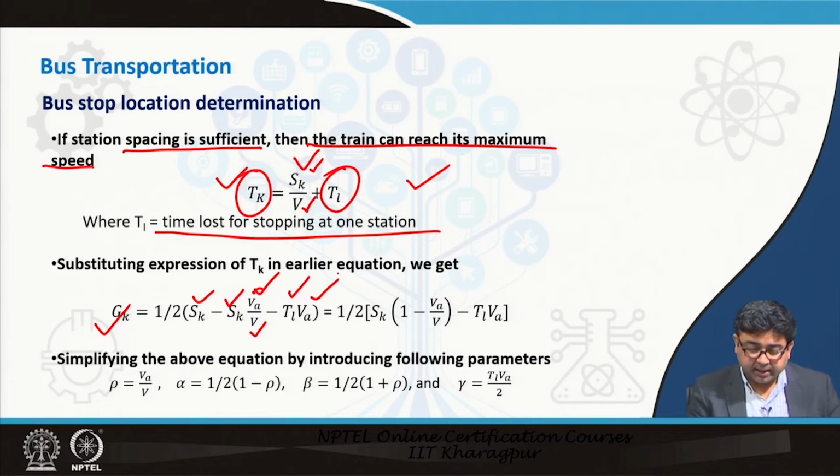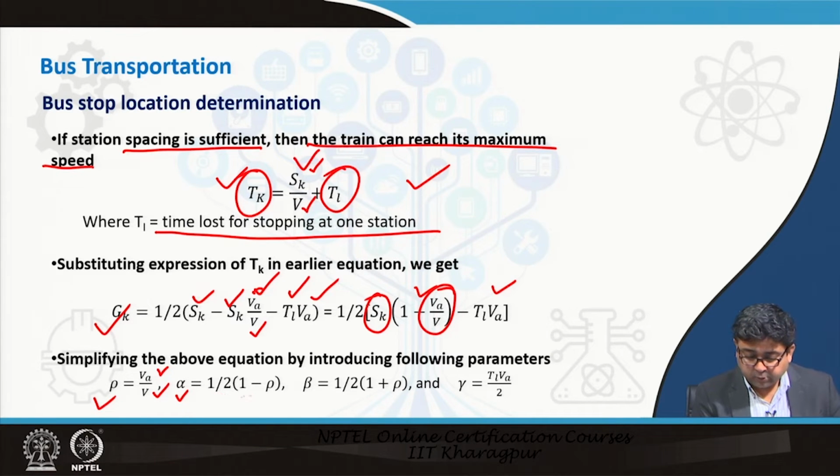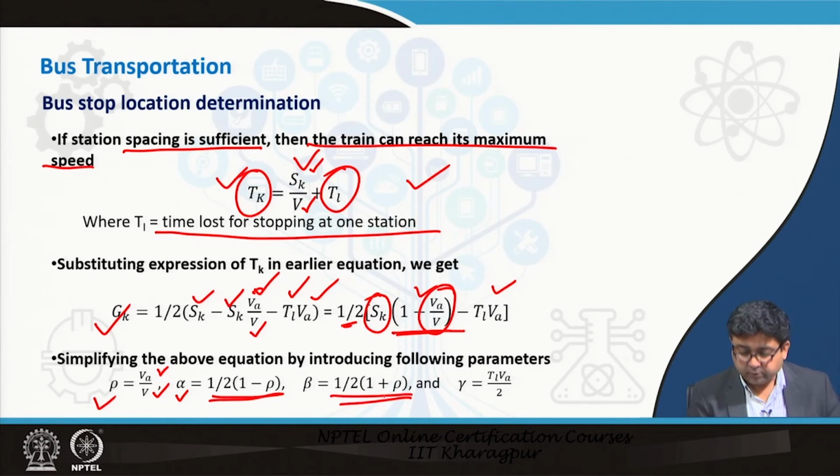So, we are only getting it in terms of Sk, and then if we convert all of this into some constants, say Va by V is rho, and then we say alpha is 1 by 2 into 1 minus rho, and beta is 1 by 2 into 1 plus rho, and if we convert this TL Va by 2 term into gamma.